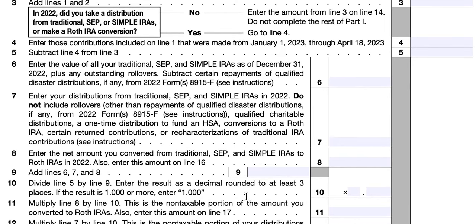In line 11, multiply line 8 by line 10. So this is the net amount that you converted multiplied by the decimal value in line 10. This is the non-taxable portion of your Roth conversion. This is the same number that you'll enter into line 17.